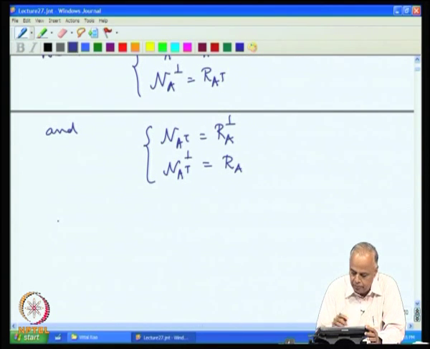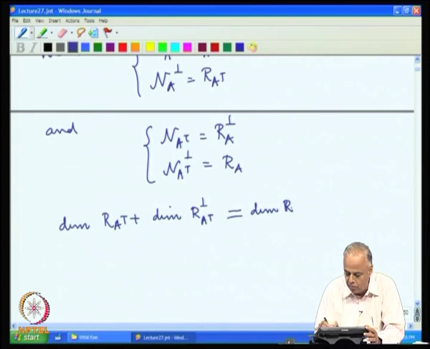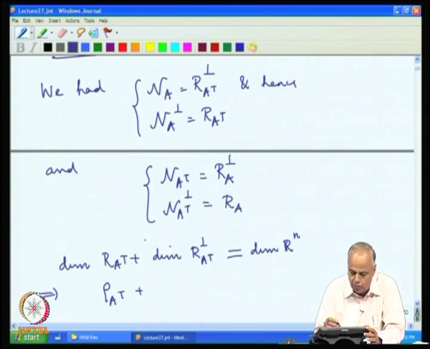So, the dimension of the range of A transpose plus the dimension of the range of A transpose perp, since both are subspaces of R^n, must be equal to the dimension of R^n, which is n. The first is the rank of A transpose, and since the range of A transpose perpendicular is equal to the null space of A, the second dimension is the same as the dimension of the null space of A, which is the nullity.